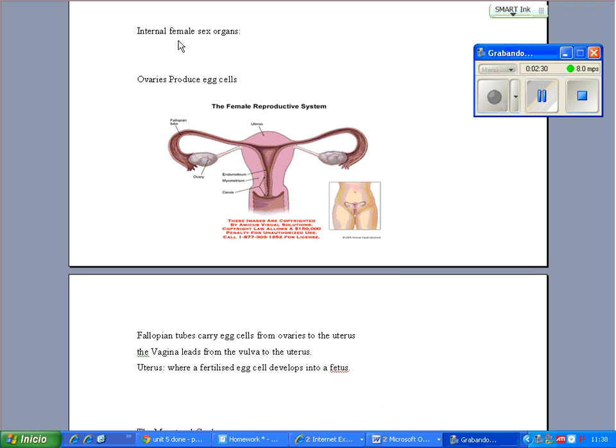The internal female sex organs include the ovaries, which produce egg cells; the fallopian tubes, which carry egg cells from the ovaries to the uterus; the uterus, where a fertilized egg cell develops into a fetus; and the vagina, which leads from the vulva to the uterus.